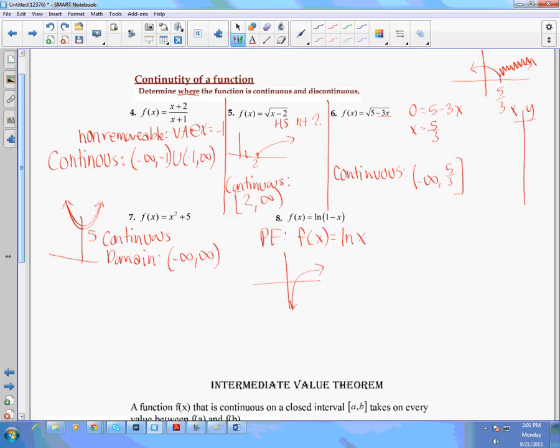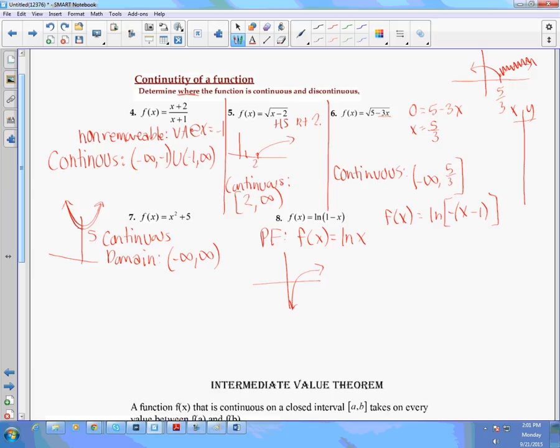This is negative x, which tells you what type of flip it is. Horizontal flip. So I'm going to do some manipulation here so I can see my flip. I'm going to factor out the negative, so I have negative (x minus 1). Will that work? Distribute back in.